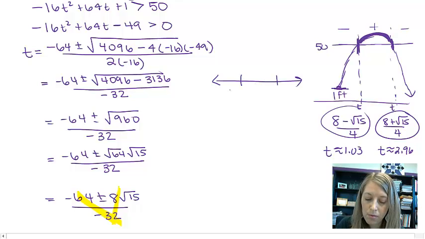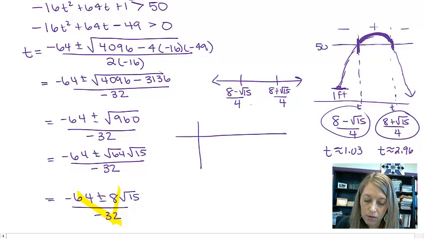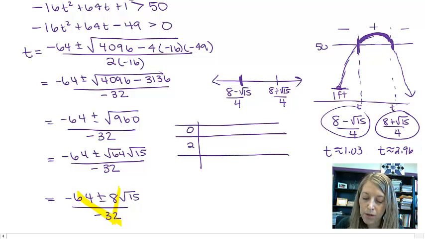So I'm going to put my exact values here because exact is always more precise, but I can know my approximate values. So less than 1.03, I'm going to do 0. In between 1 and 2.96, that will give me 2. And beyond 2.96, anything beyond that, I'm going to do 4.